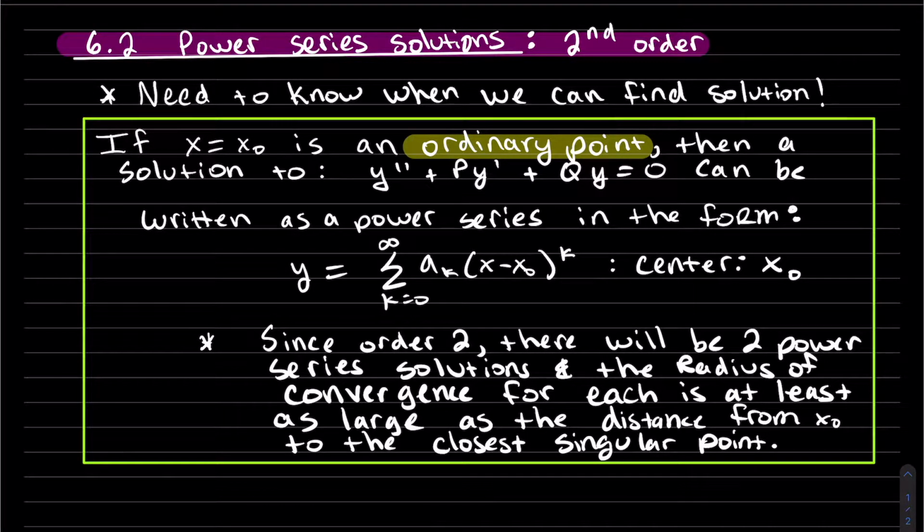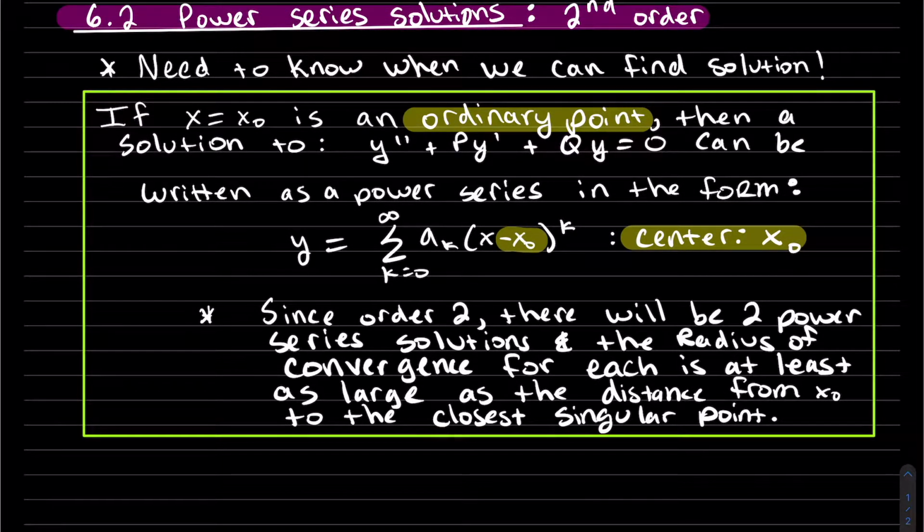where x naught is the center of the series, which we talked about in the last section. And since this is a second order differential equation, there will be two solutions, so there will be two power series solutions. They will actually be gotten from only one power series that we create.